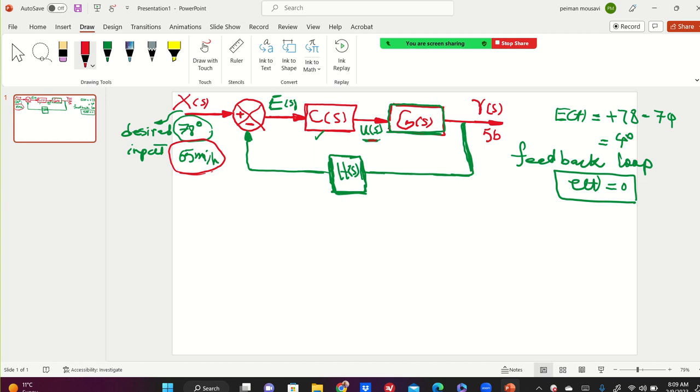Instead of your leg pushing the gas pedal, this sends more fuel to the engine, to your plant, your car, and it produces a new velocity. This loop is repeated until the velocity is 65 miles per hour. It's that simple. This is how your car cruise system works, based on this block diagram.